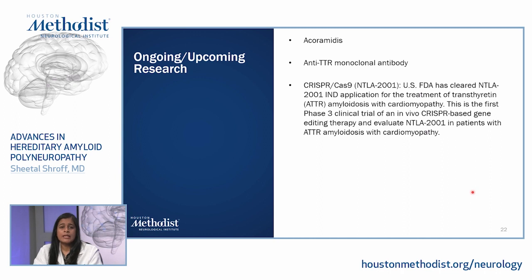And most interestingly, CRISPR-Cas9 NTLA-2001. The FDA has recently cleared the NTLA-2001 IND application for the treatment of transthyretin amyloidosis with cardiomyopathy, and this is the first phase 3 clinical trial of an in vivo CRISPR-based gene editing therapy to evaluate NTLA-2001 in patients with hATTR amyloidosis with cardiomyopathy.